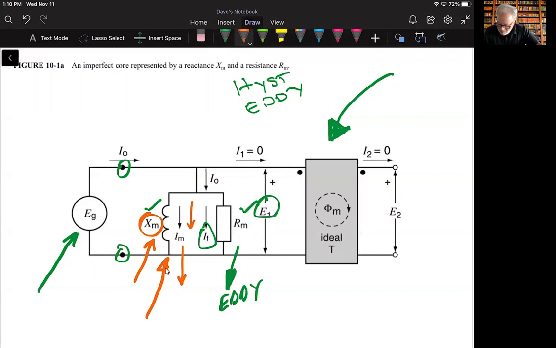Why is that? We have a voltage, and say it's divided by X sub M, the inductive reactance. So think about this: if this number X sub M is very small, that's going to make the current large. That would say it takes a lot of current to go through here to get a certain amount of flux out.